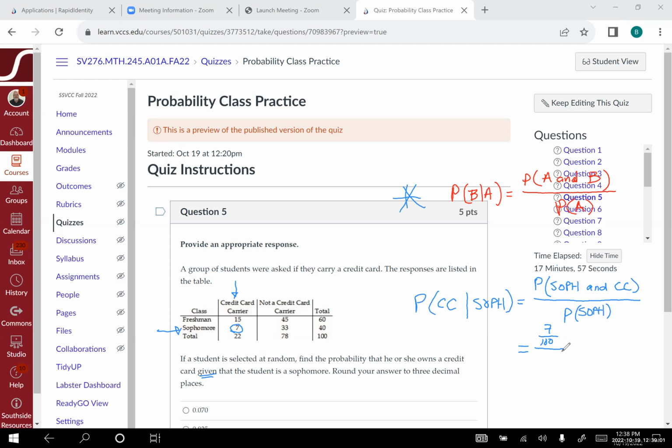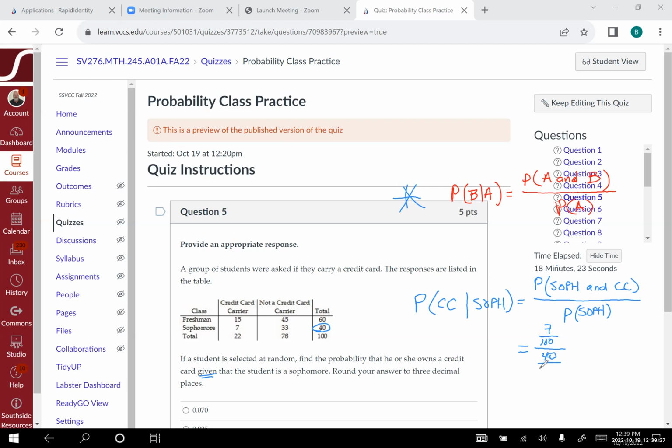All right. And now the bottom, what's the probability of being a sophomore? How many sophomores do we have? 40. 40 sophomores. And that came from right here. Here's the total, 40 sophomores. And how many total kids in the survey?